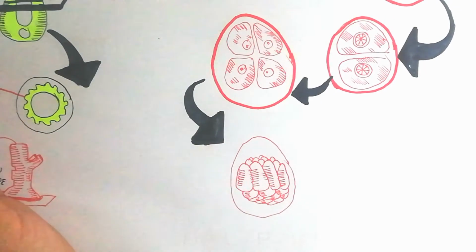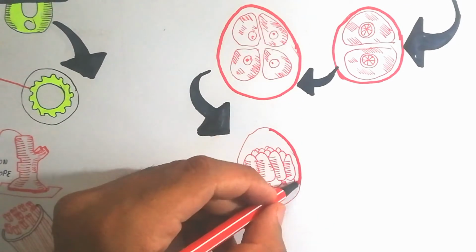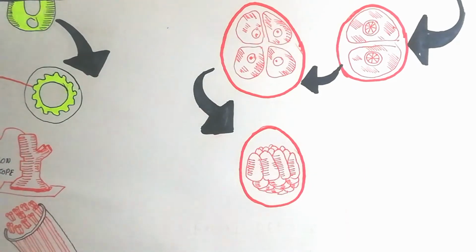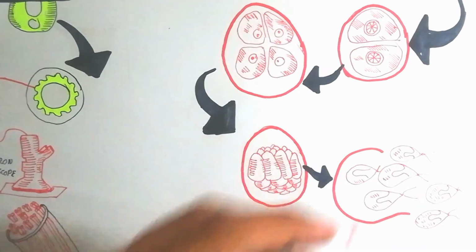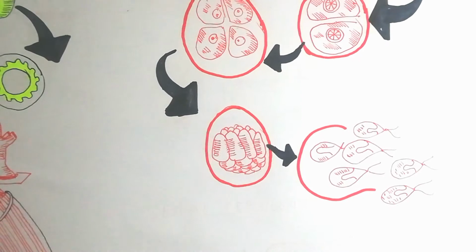Then further cell division by asexual reproduction produces many cells, each of which is a Chlamydomonas, as shown in the figure.